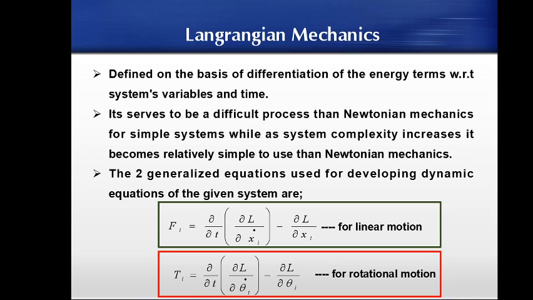So if we take the robotic system, we would have two system variables. One is a variable corresponding to linear motion, and the other is a variable corresponding to angular motion.